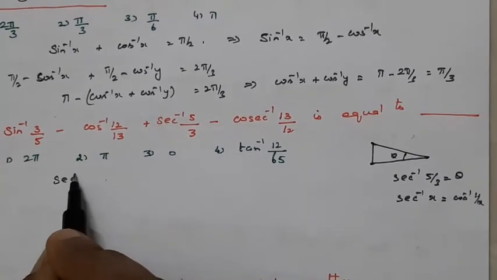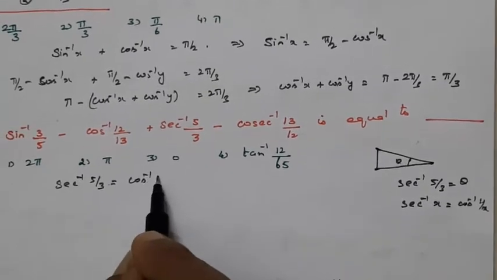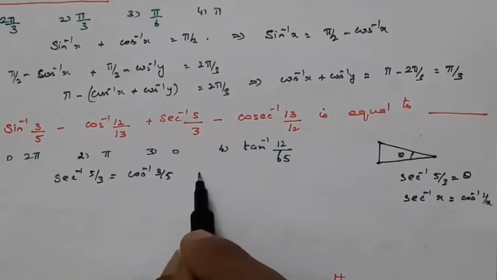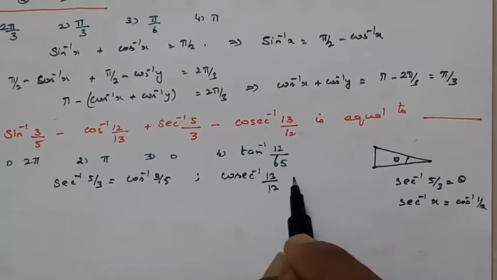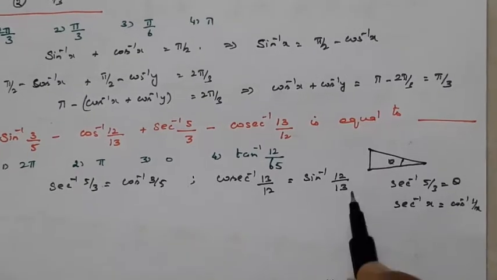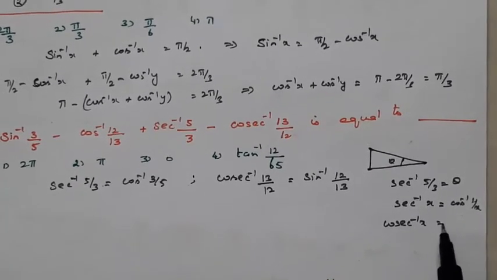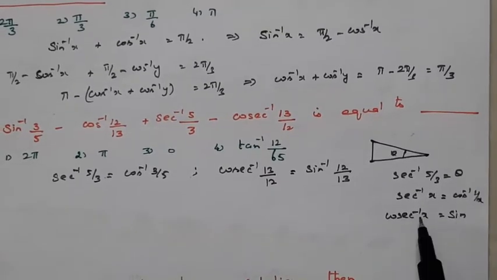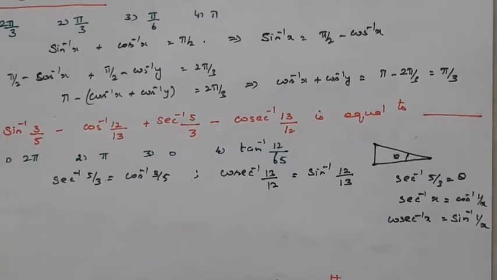Hence secant inverse of 5 by 3 is equal to cos inverse of 3 by 5, and similarly cosecant inverse of 13 by 12 is equal to sine inverse of 12 by 13, using the reciprocal identity formulas: secant inverse of x equals cos inverse of 1 by x, and cosecant inverse of x equals sine inverse of 1 by x.